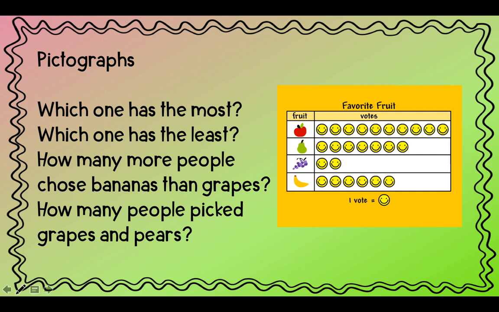To answer a question like how many more, you take a look at the shapes they have that are the same. So I see these two are the same and these two are the same, but then all of these other ones are out on their own.